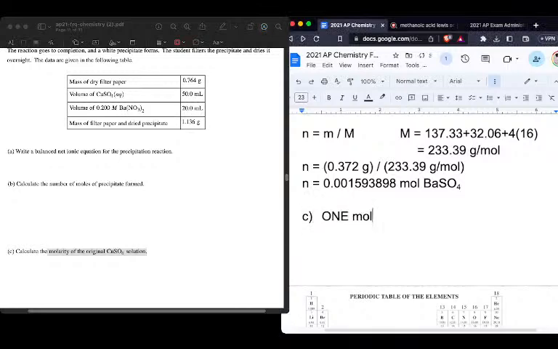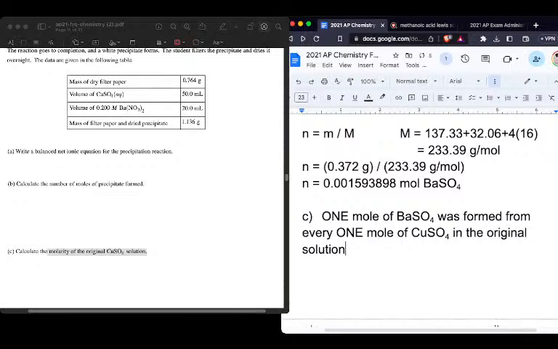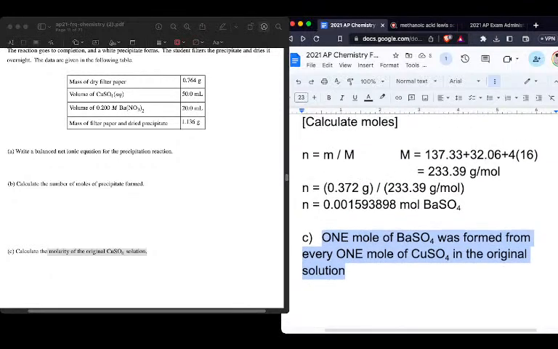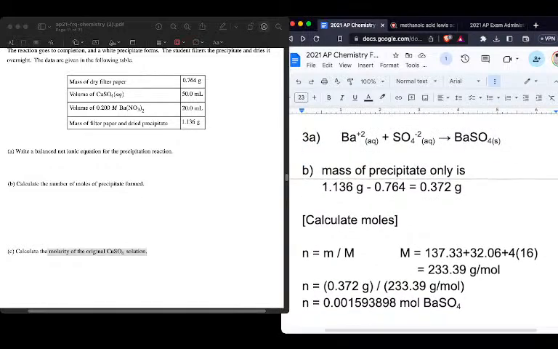1 mole of BaSO4 was formed from every 1 mole of CuSO4 in the original solution. Now that 1-to-1 ratio is coming from my balanced chemical equation. 1 sulfate made 1 BaSO4.